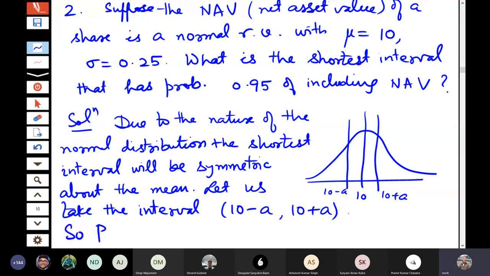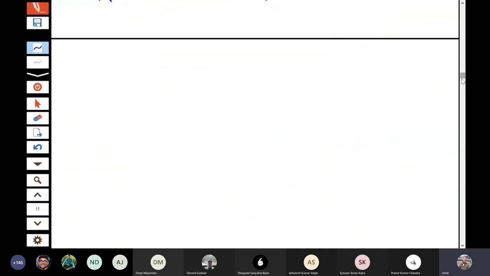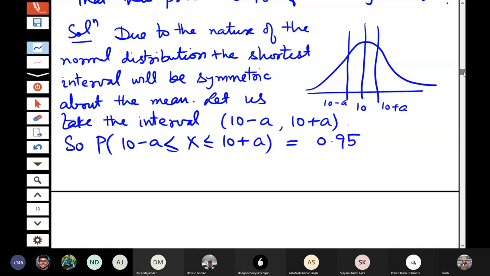So the probability that 10 minus a is less than or equal to x less than or equal to 10 plus a, we want this probability to be 0.95.